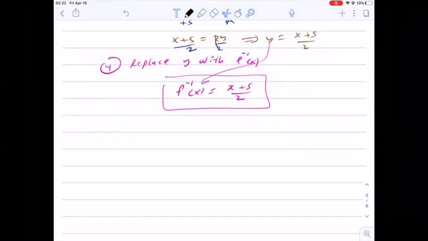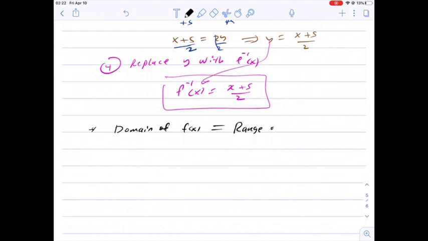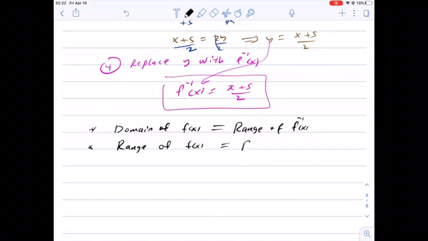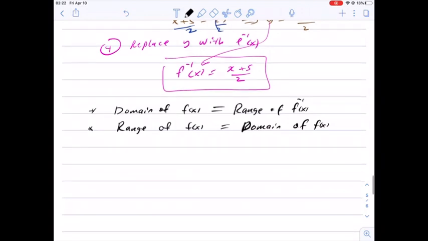Now, what is the relationship between the domain and range of the original function and the domain and range of the inverse? The domain of f of x is the same as the range of f inverse of x. The range of f of x is the same as the domain of f inverse of x.